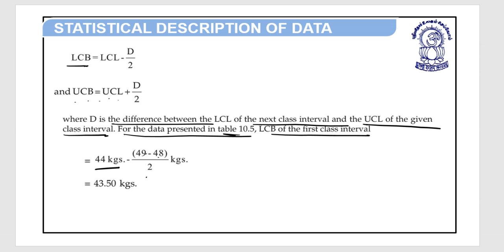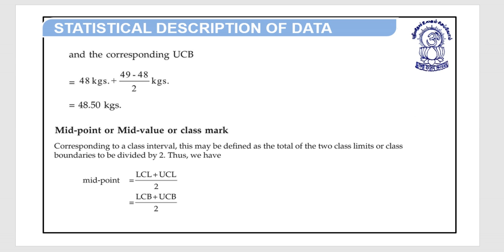That is the difference D, 49 minus 48, divided by 2, which is 0.5. 44 minus 0.5 is 43.50 kg.